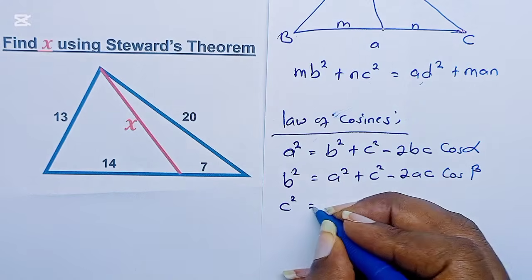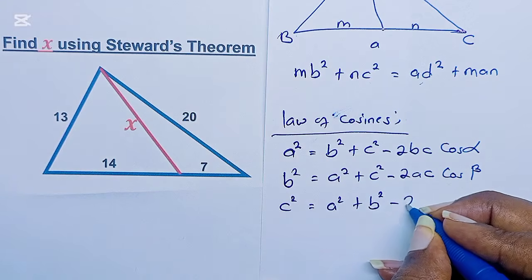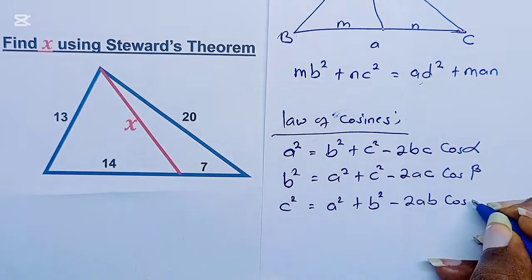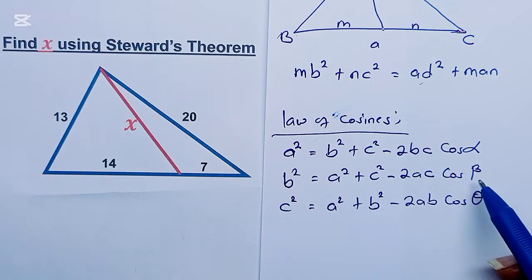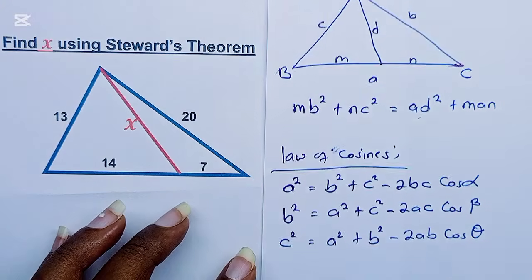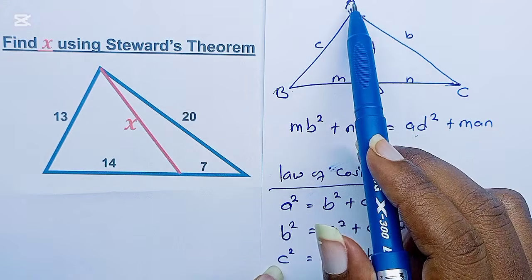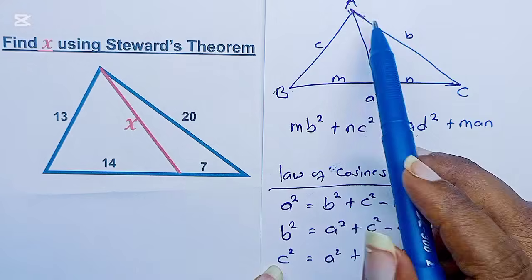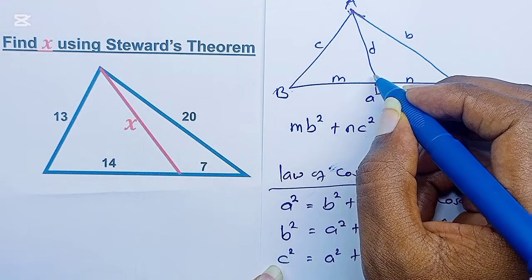Then c squared is equal to a squared plus b squared minus 2ab cos theta. So this is cos alpha, cos beta, cos theta. Let's say this point is D.